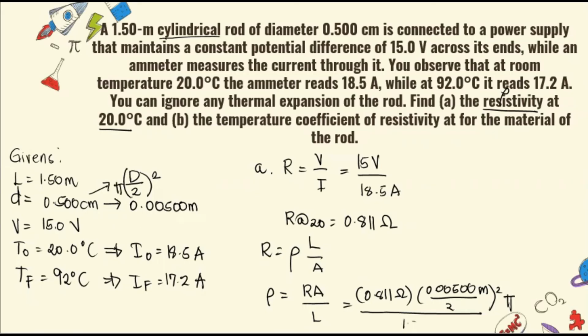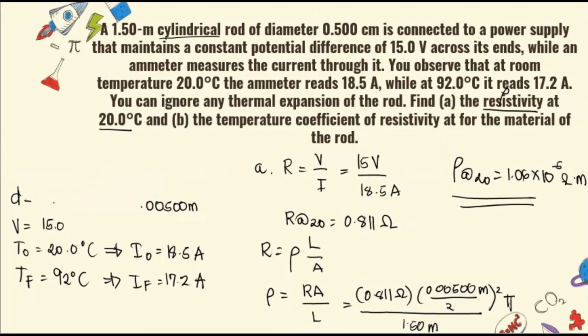So makakompute po natin rho at 20 is equal to 1.06 times 10 raised to negative 5 ohm meter. So yun yung resistivity at 20 degrees Celsius.